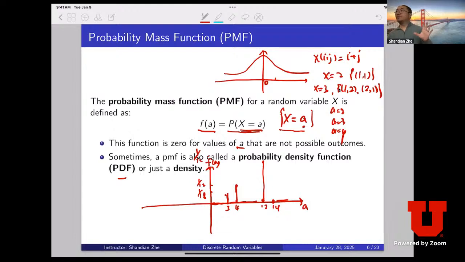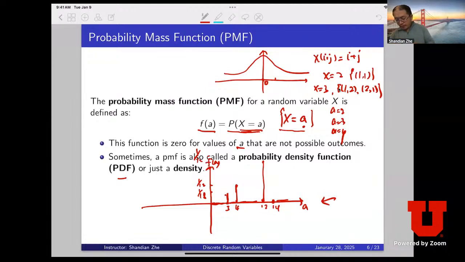Everyone's comfortable? Okay. So we also visualize what the probability mass function looks like in the context of a discrete random variable. The probability mass function should look like this, right? So if you look at the x-axis, it is all possible values of A, and the y-axis is the function value, right?